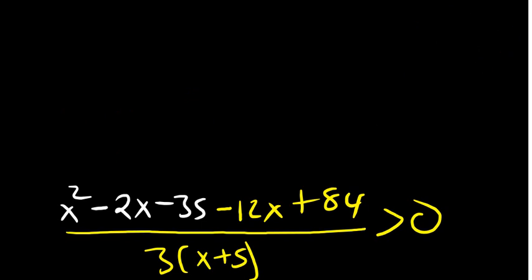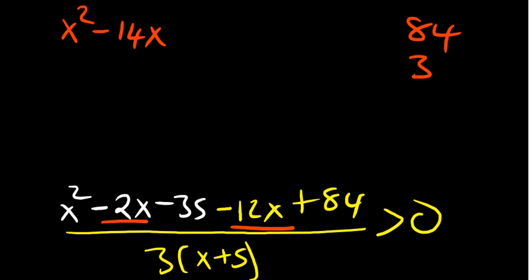So let's try to subtract now. We have x squared. So minus 2x plus 12x is minus 14x. Then 84 minus 35.